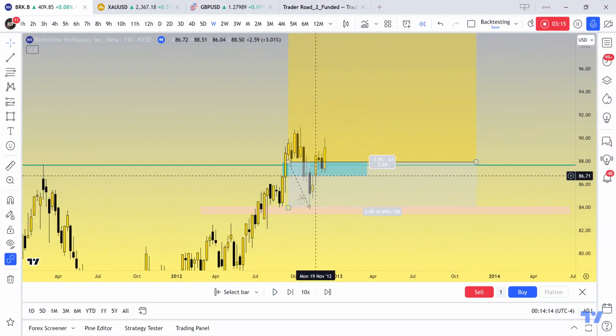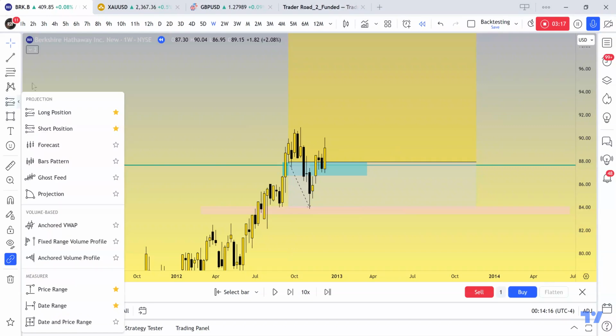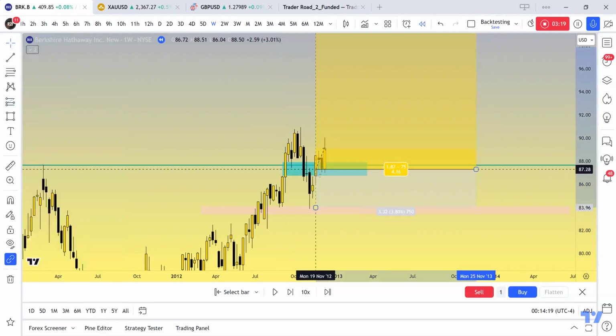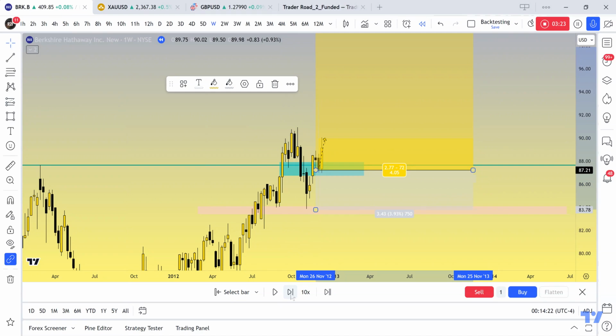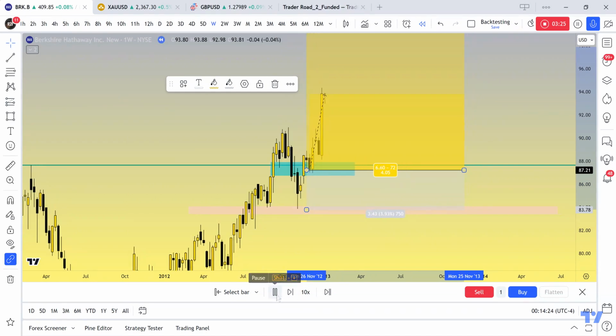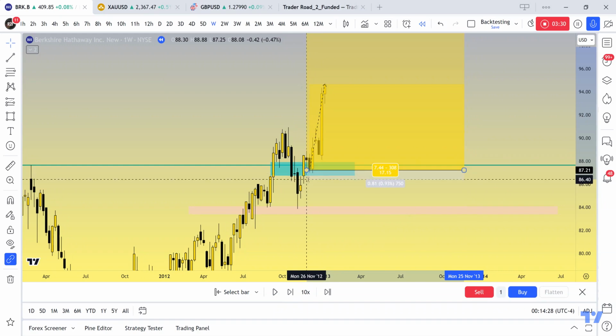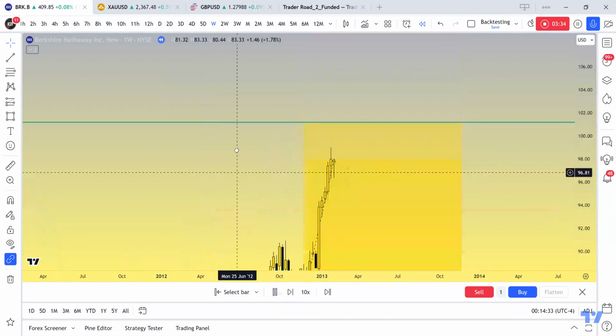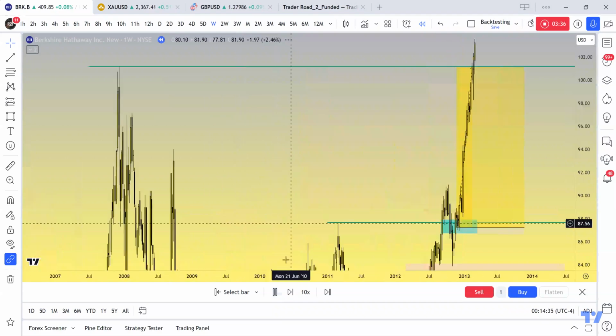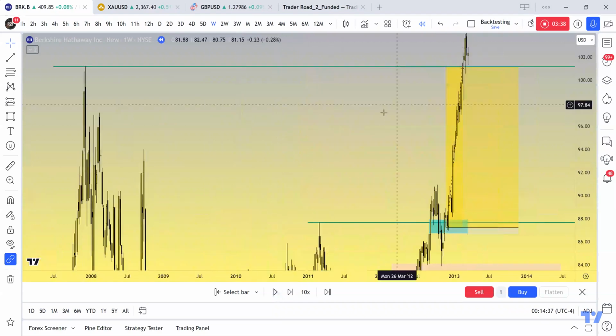Okay, created a gap. So I decided to enter this gap, stop loss at this low. Big expansion up. Decided to trail my stop loss. And yeah, really fast came up to here, right?